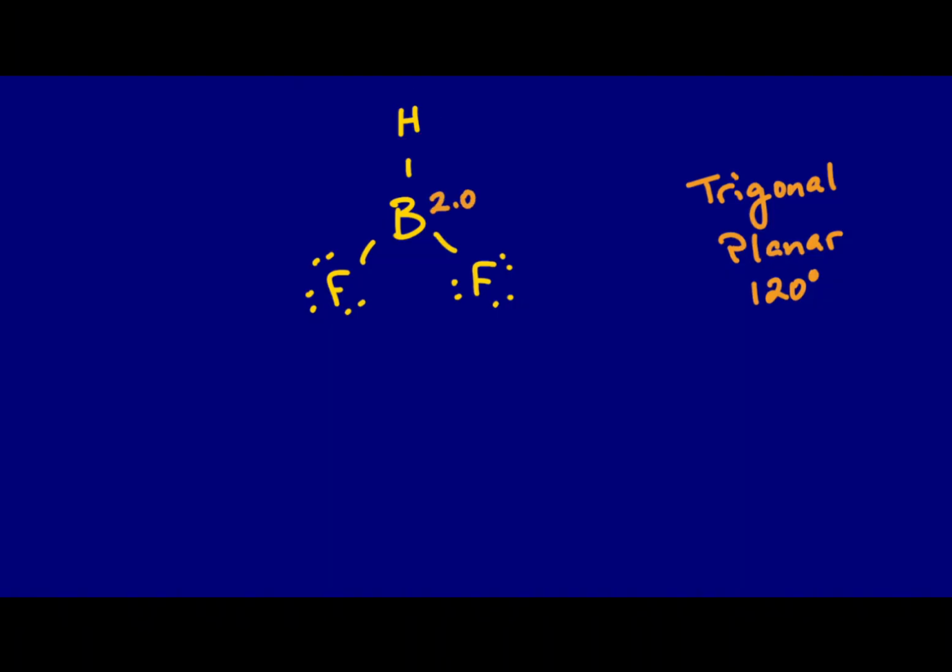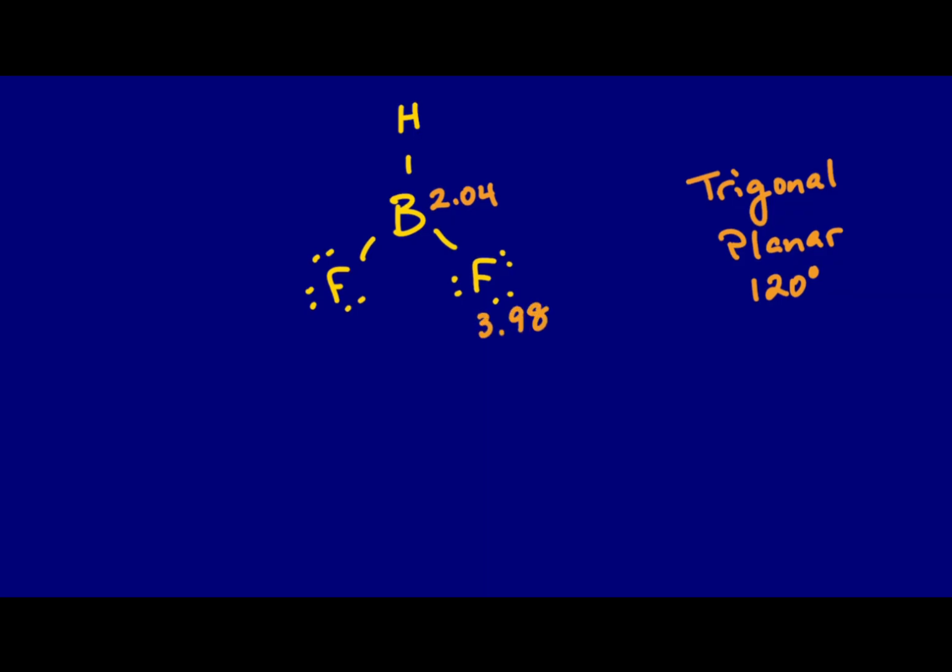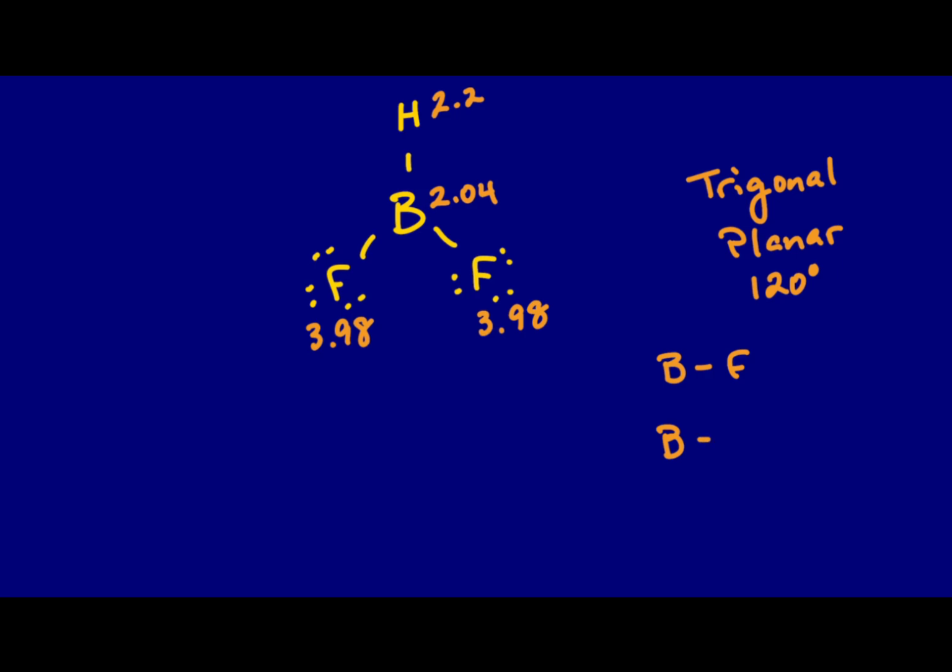Boron's going to have electronegativity of 2.04. Each of the fluorines is going to be 3.98. Hydrogen is going to be 2.2. So we have 2 different types of bonds here. We have the boron-fluorine bond, and we also have the boron-hydrogen bond.